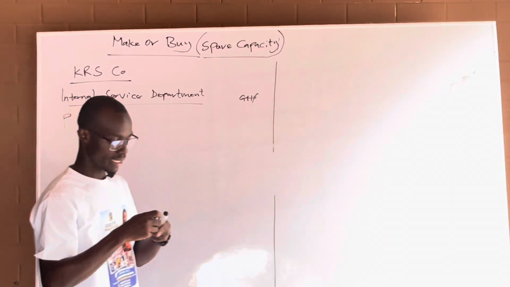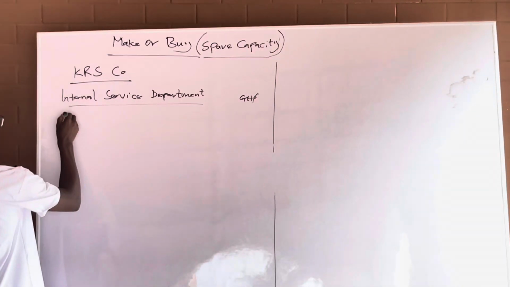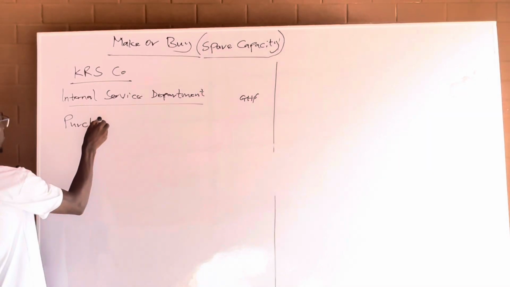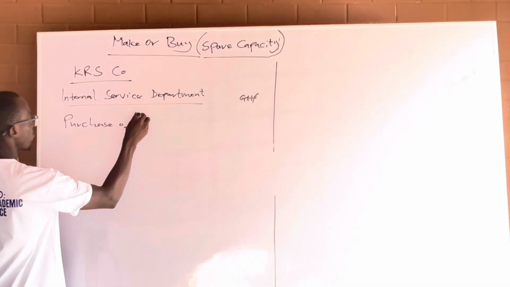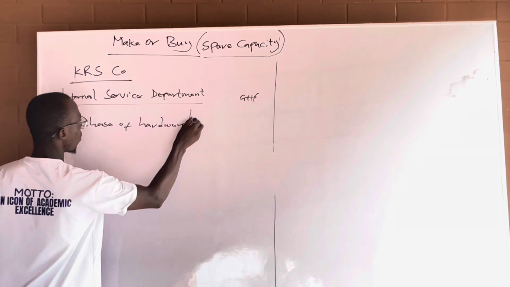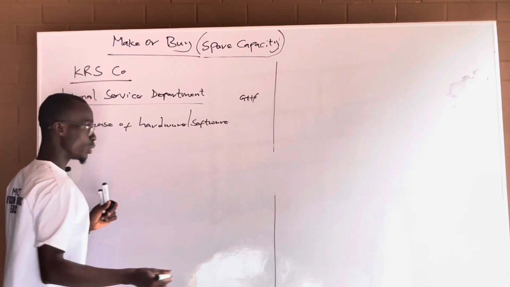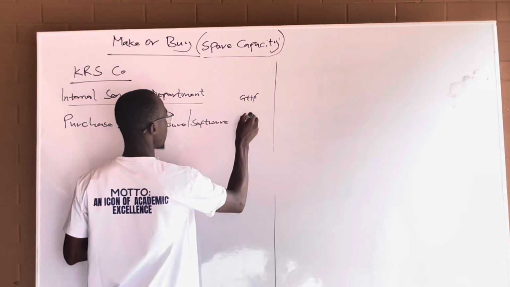Let me change my marker. Hardware or software is 320 Ghana cedis per annum.